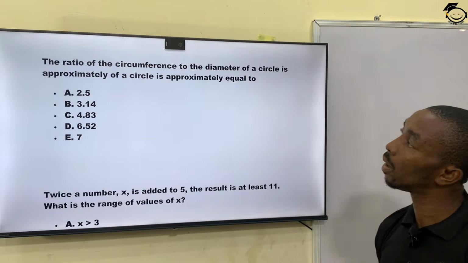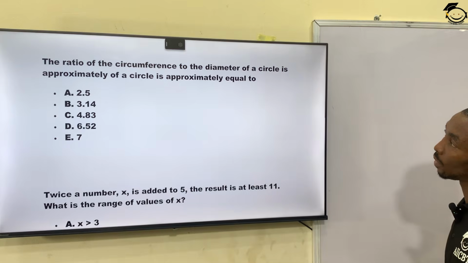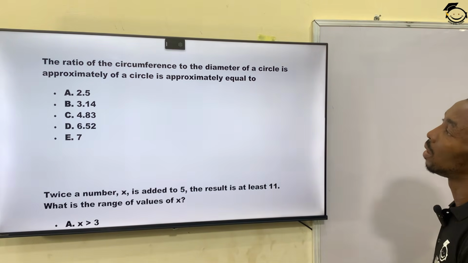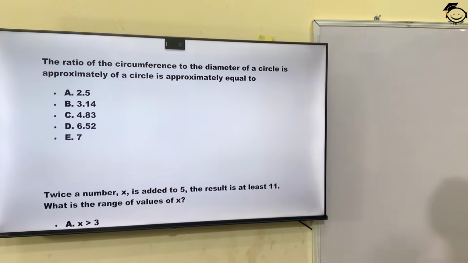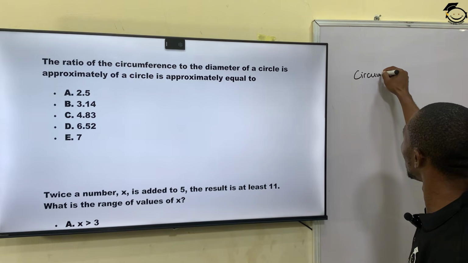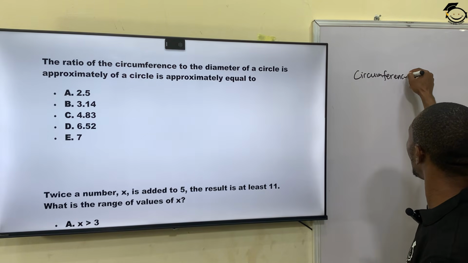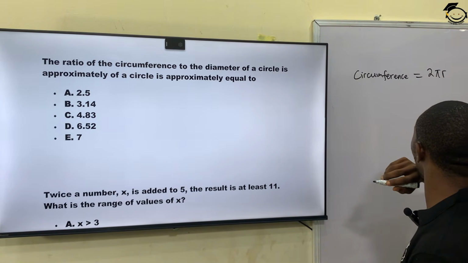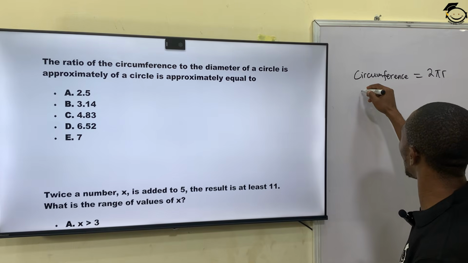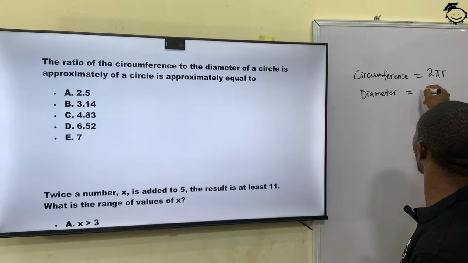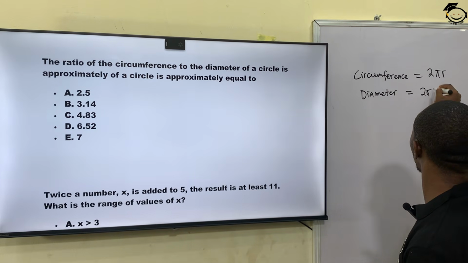The ratio of the circumference to the diameter of a circle is approximately equal to, now we know that the circumference of a circle is given as 2 pi r, and our diameter is given as 2r.